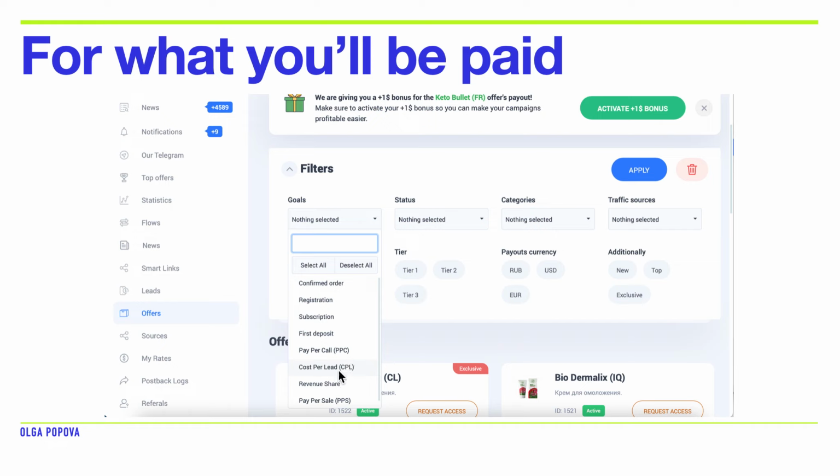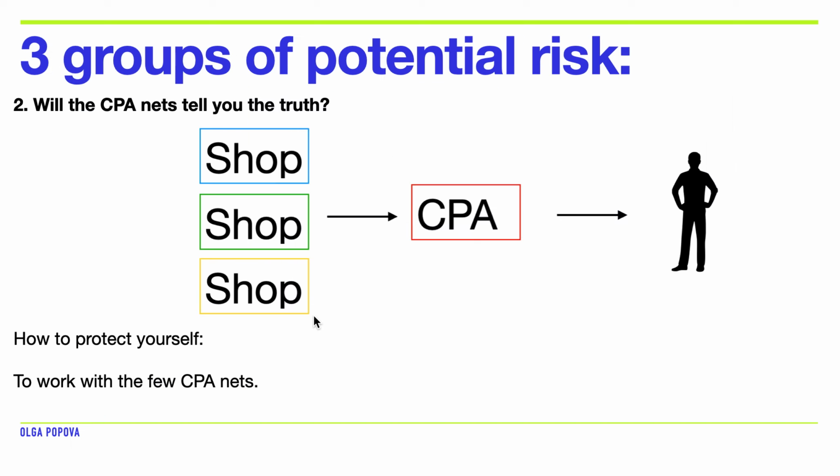You can see the actions I was talking about, what exactly you can drive and what exactly you will be paid for.